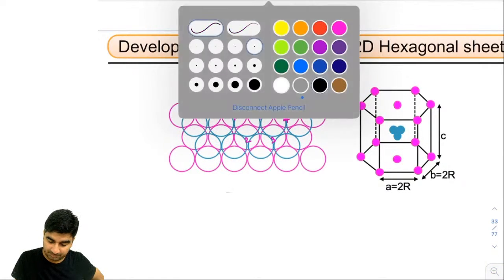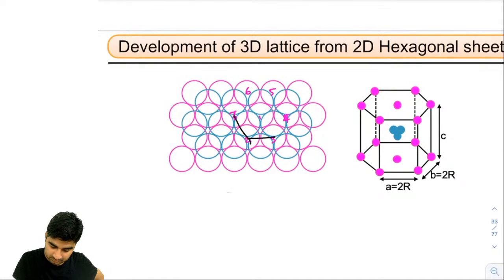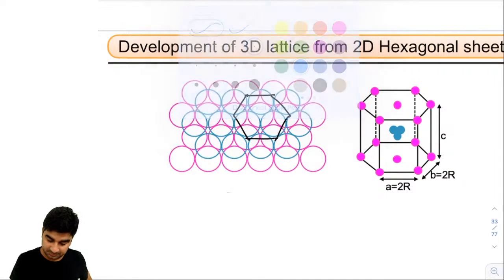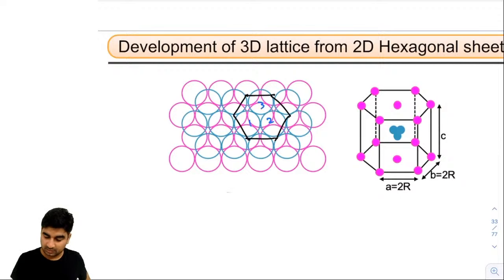I will be using black pen here. I think you can see this hexagon, although this is not that clear. So you can see there are 3 atoms, 1, 2, and 3 in between the 6 atoms.